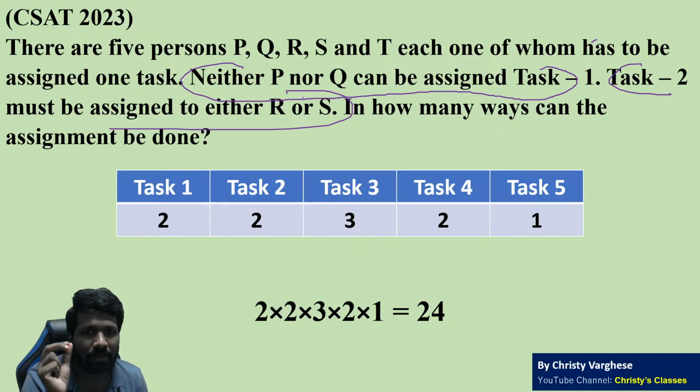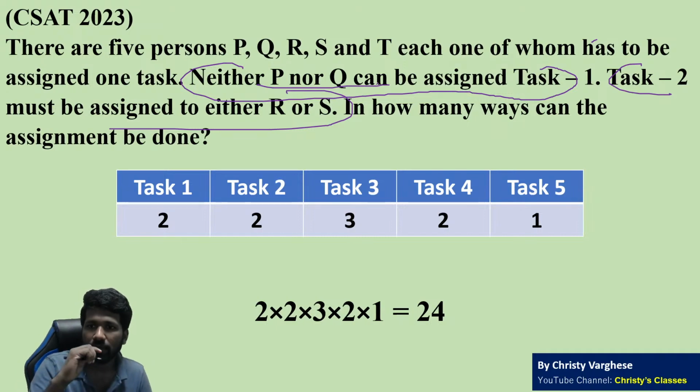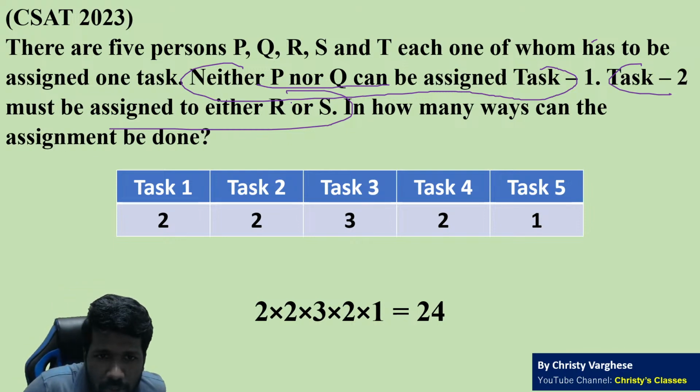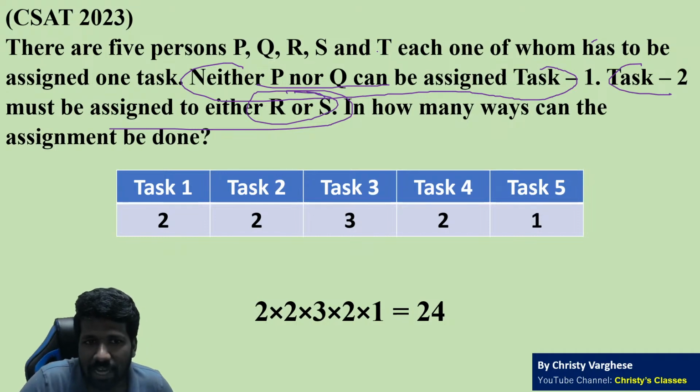In these kinds of situations when multiple constraints are there, start from the constraint which has fewer choices. Task 2 can be assigned with R or S. Task 1 cannot be assigned with P or Q, which means task 1 has three choices: R, S, T.